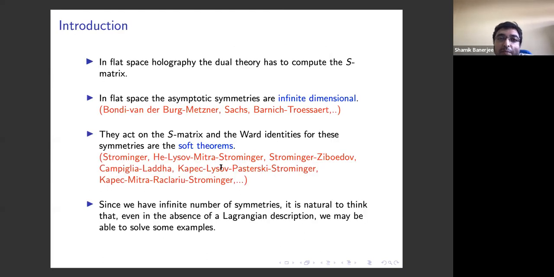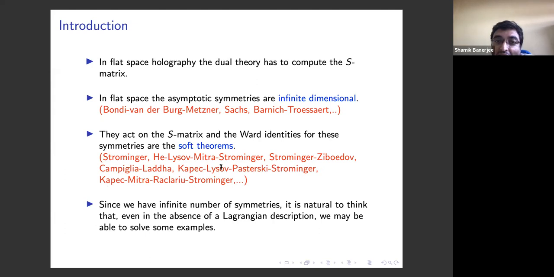Okay, so this is about flat space holography. In flat space holography, the dual field theory has to compute the S matrix. The good thing is that in 4-dimensional asymptotically flat space-time, the asymptotic symmetries are infinite dimensional.